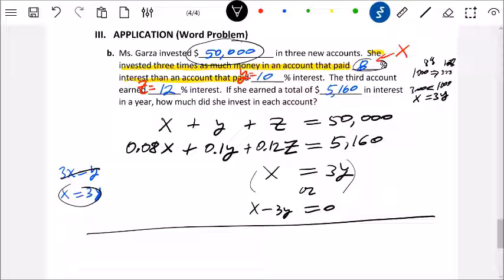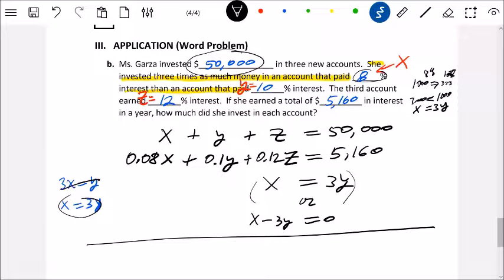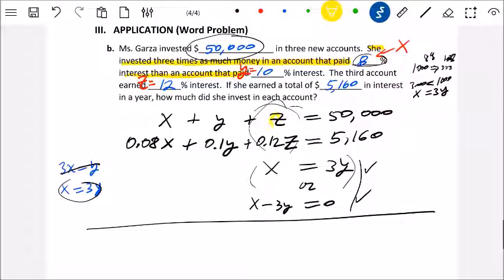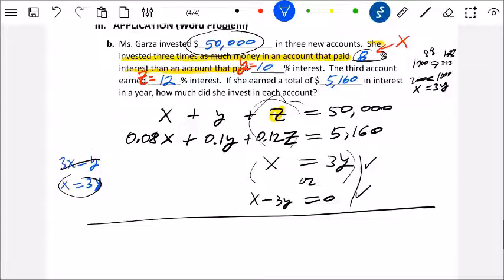Well, I think in this case, whether we use this one or this one, the fact is that we don't have a Z in it. So we want to eliminate the Z. We can do that by making this one into 0.12Z, so we can subtract them, or we could add them. In this case, I'll subtract.